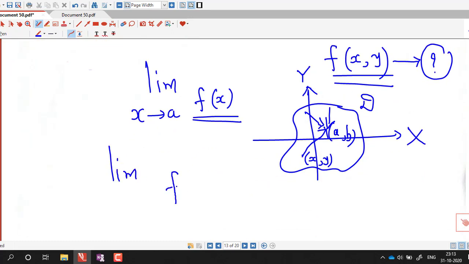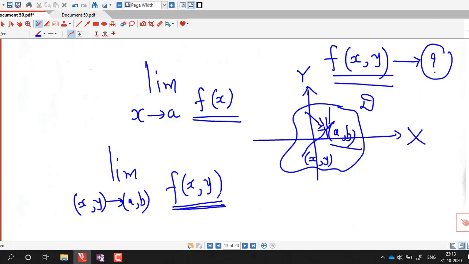So that we can denote by the limit of f(x, y) as the ordered pair (x, y) approaches the ordered pair (a, b). So the ordered pair (a, b) is a fixed point in the xy plane, and we are interested in the behavior of this function of two variables whenever (x, y) is approaching this fixed point in the xy plane.